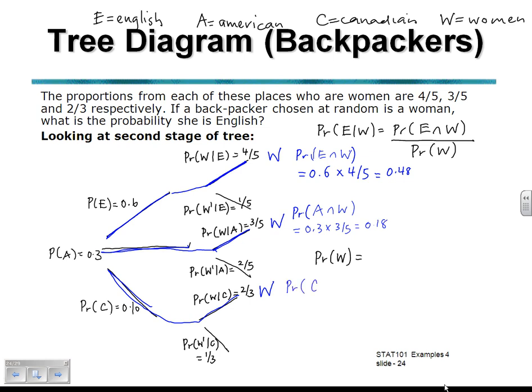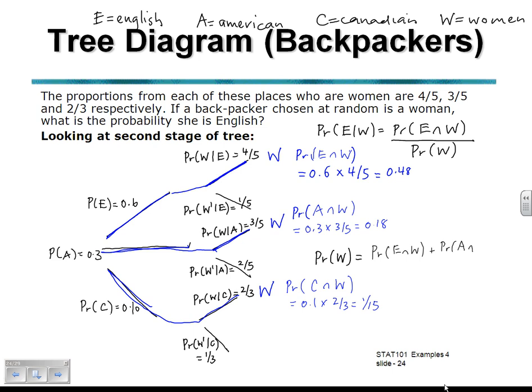So a total value there of 0.18. Third branch we're looking at, probability that it's a Canadian intersection woman, will be the 0.1 that it's Canadian multiplied by the 2/3, the probability that it's a woman given that they're Canadian, leading us to a value there of 1/15.